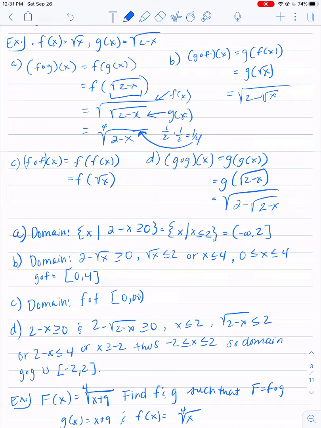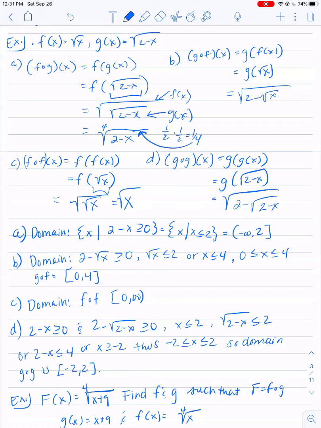Our C, we're doing f of f of x. So we're plugging f of x into itself. So f with square root x, every time we see an x, we plug it in there.